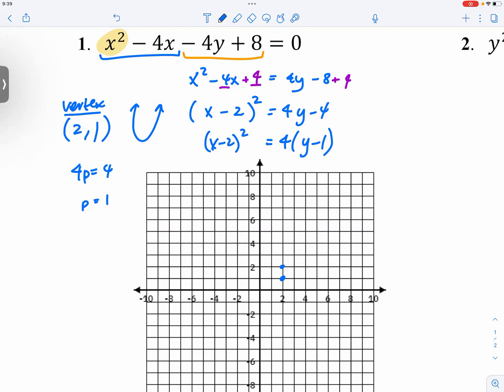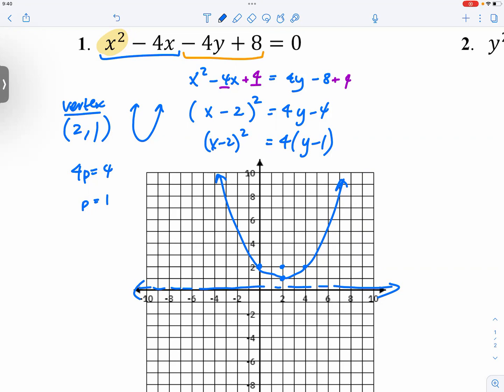So we know the focus will be just 1 unit above. And then the endpoints of the latus rectum will be 2p units, which in this case will be 2 units on the 2 sides of the focus. So there we go. Okay, we also need to draw our directrix. So the directrix will be right here, 1 unit away from the vertex, downward. Okay, so you have your picture. You have your vertex, you have a p-value. You will get the job done.